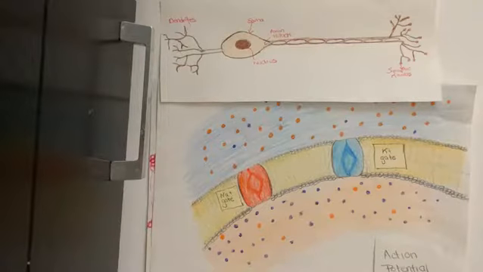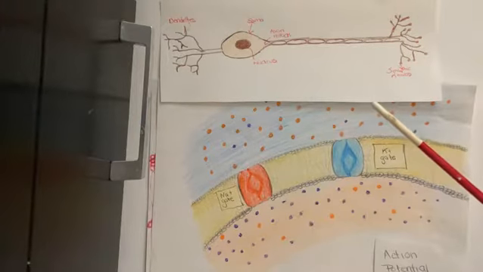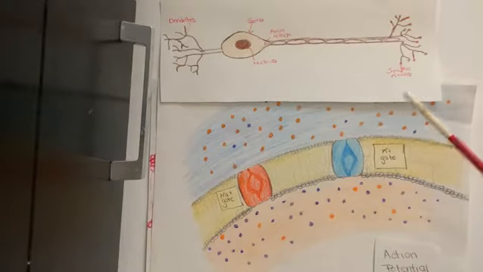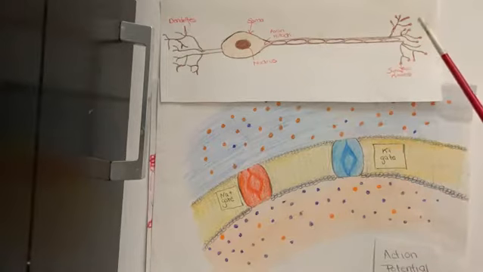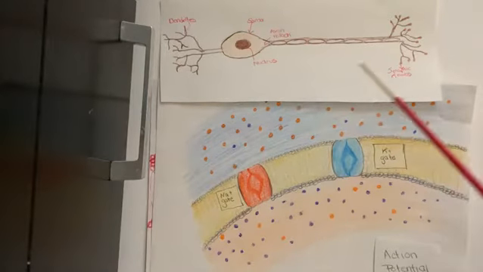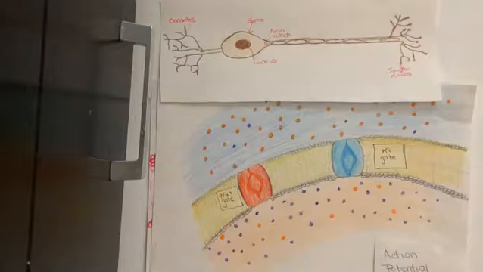If not, nothing happens, no action potential. They're not graded. They're non-decremental. Action potentials maintain full strength down the entire length of the axon, regardless of distance, and they're irreversible. Once an action potential starts, it cannot be stopped.